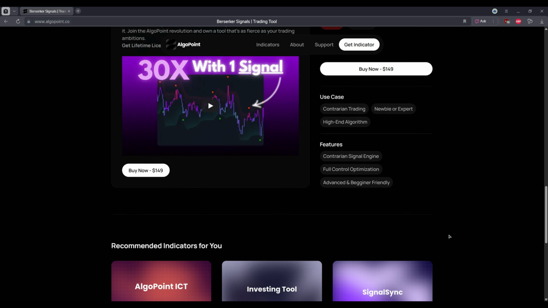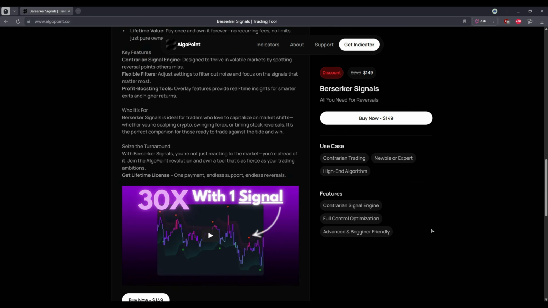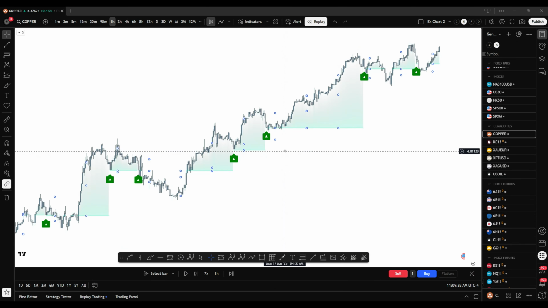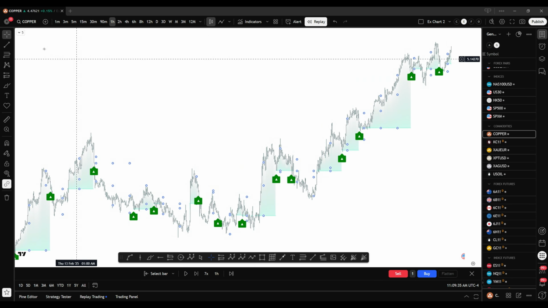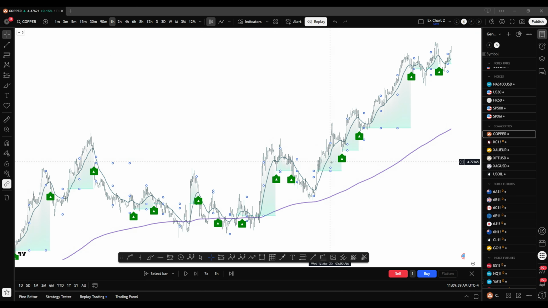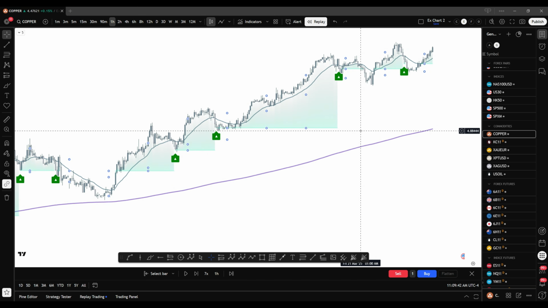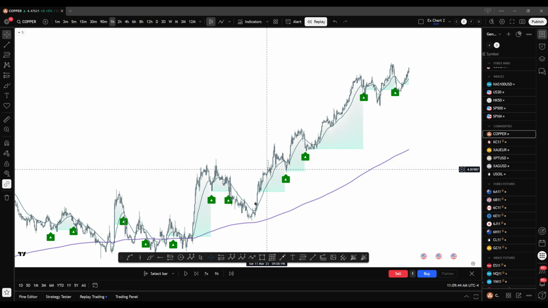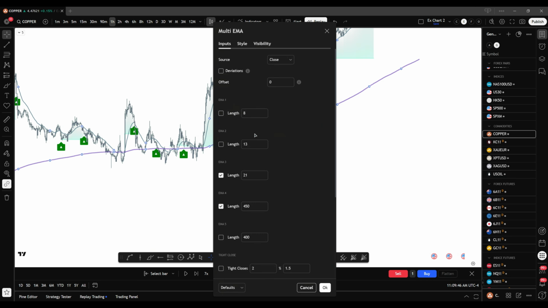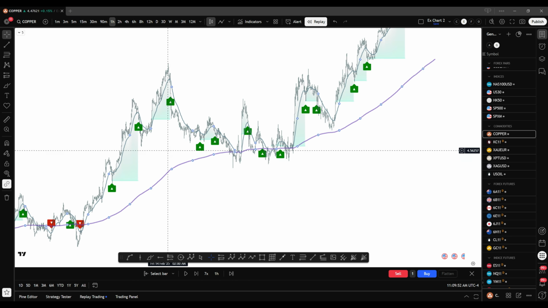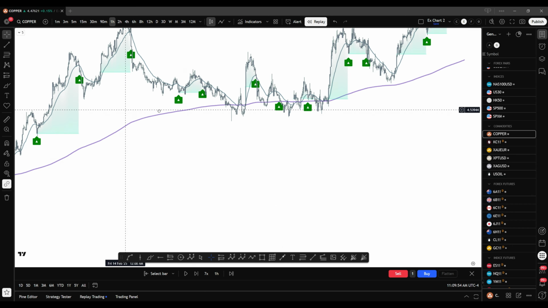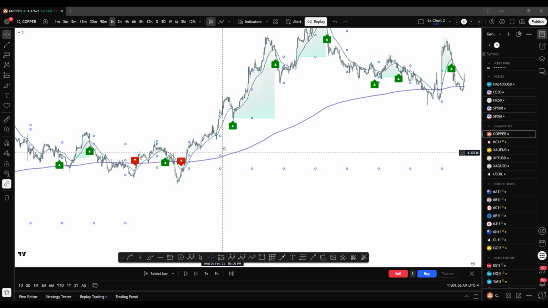Now let's move on to the trading examples. Okay, so I'm just gonna wing it here. I want to use the recommendation and a few of my own settings for finding signals here. So I have the 450 EMA and a 21 EMA, and so far it does a pretty good job filtering out the signal.